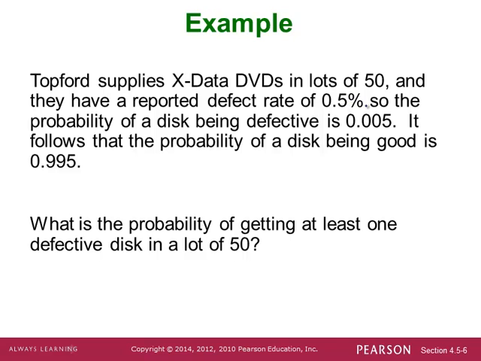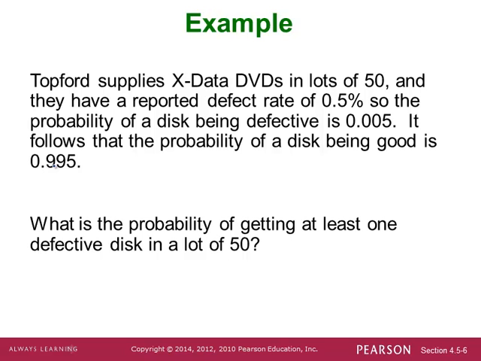In other words, for every 1,000 DVDs that come off the assembly line, 5 of them will be defective. So that means that if you were to randomly select a DVD as it comes off the assembly line, there's a 99.5% chance that it'll be good.